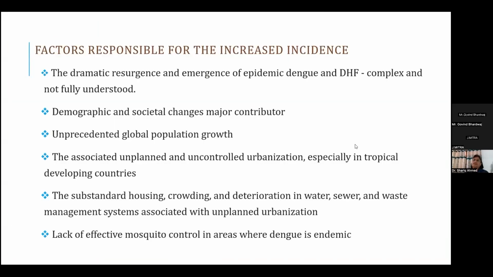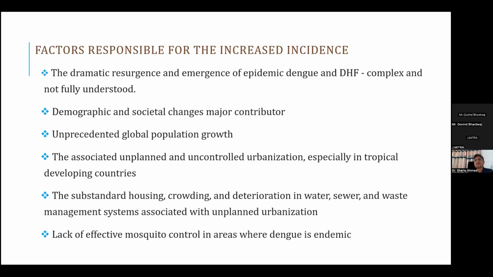Now, what are the factors responsible for this increase in incidence? It is very complex and coordinated, we can say, because it is not fully understood. The factors that have led to this increased incidence may be demographic and societal changes, which is the major contributor.